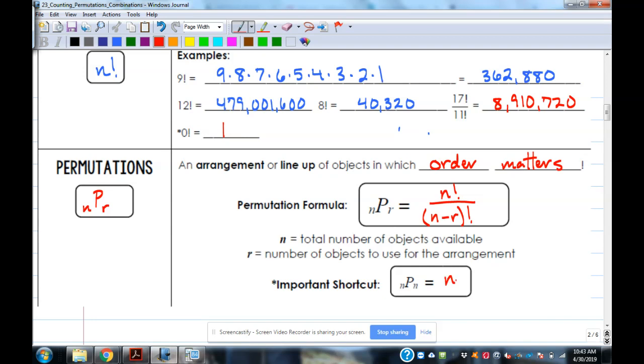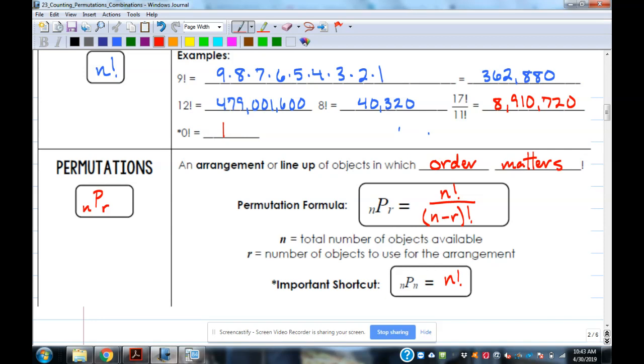There's a shortcut if the number of objects you use and the number you're arranging is the same. It's just n factorial. If we've got 5 objects and we want to know how many ways you can rank 5 objects, well, there's first, second, third, fourth, and fifth. 5 and 5, it's the same. It's n factorial ways of doing that.